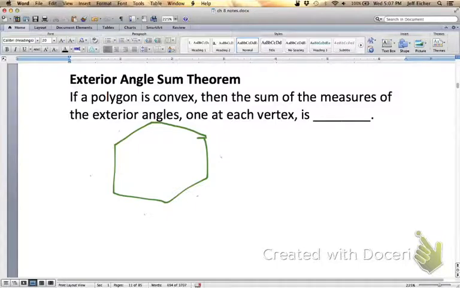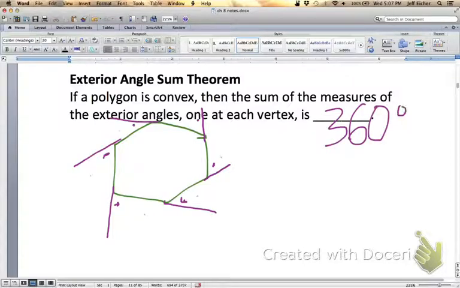But if you count all the exterior angles, this one, this one, this one, this one, all those exterior angles, they add up to be 360 degrees. Always. For every polygon. Amazing.